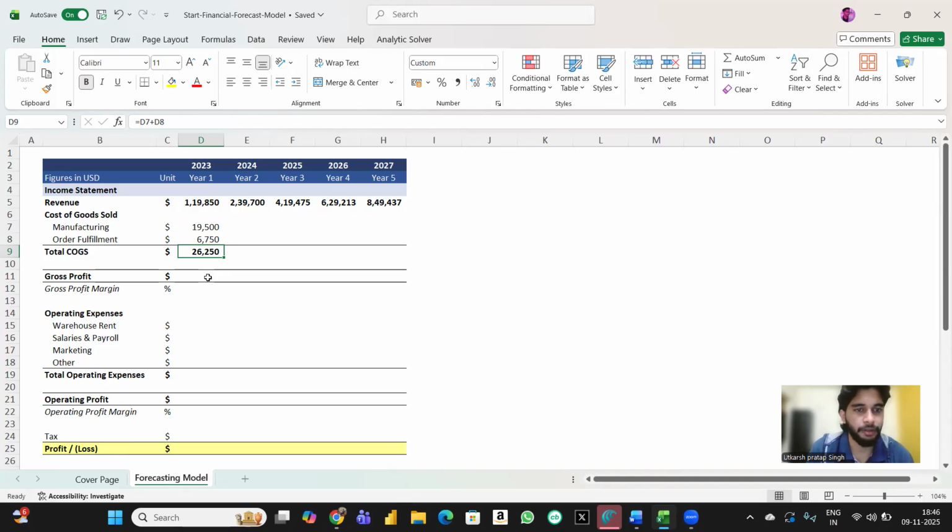For this, we can get the total cost of goods sold, because it is the inclusion of both the cost for manufacturing and order fulfillment.